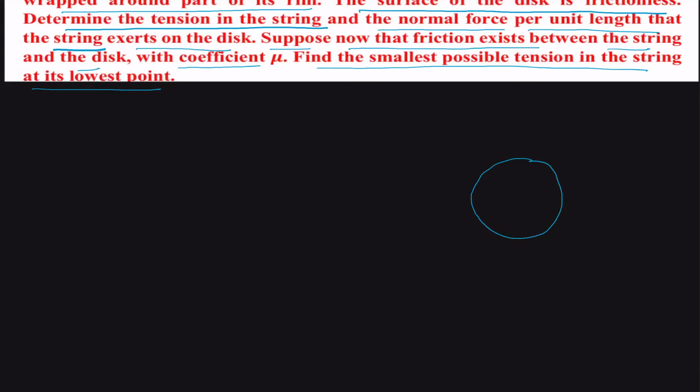So this is a disk which is having a center and around which a string is wrapped, something like this, and it is fixed at the top. And we are given that r is the radius of this disk and m is the mass. Okay, so that is given to us.